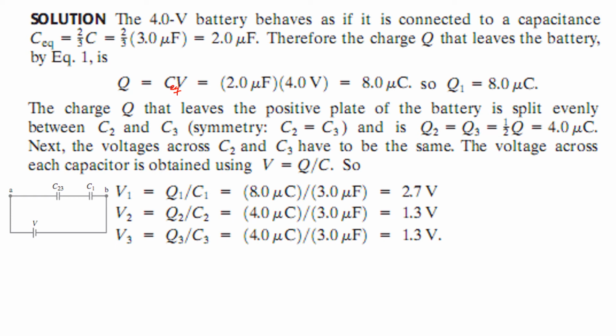Then V2 and V3. To determine V2 is easy, it equals Q2 over C2. Then how do we determine Q2 and Q3? Q2 is equal to Q3, equals 1 over 2 the Q, because these capacitors 2 and 3 are initially in parallel and they have the same capacitance.